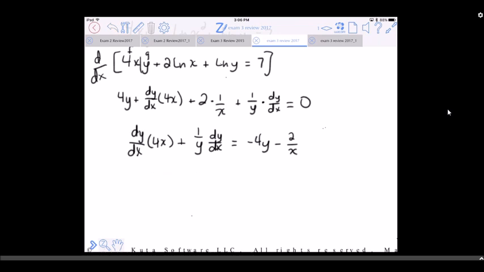Now here on the left side, I'm going to factor out the dy dx that's common in both terms. And then we need to divide by this term to get dy dx by itself.